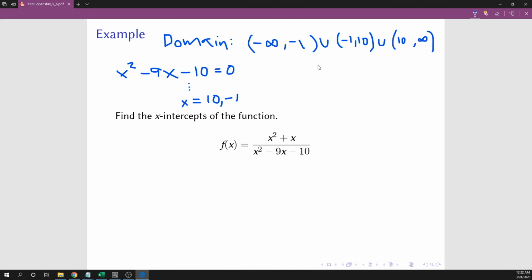Okay, so we need to know what the domain is. So now what you would do is set the top part equal to 0 and solve that out. x squared plus x equals 0. Okay, and so we would solve this out. So this is a quadratic again. This one is one of the easier types where the constant term is missing. If the constant term is missing, you can just factor out the x.